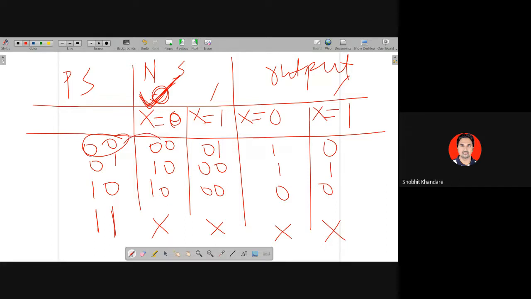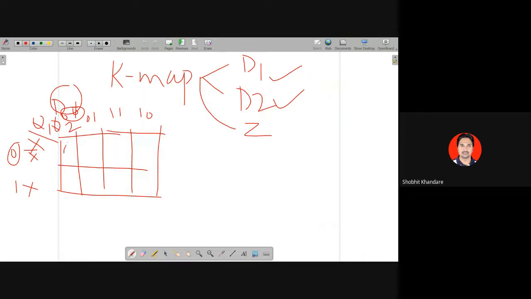So can I say here, the first column will be a single 0. 00 means 0. See here, 00 means 0, 01 means 1. Yes or no? So when 00, that means it is 0. So can I say this is 0?